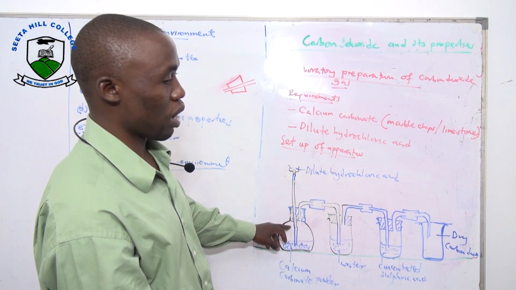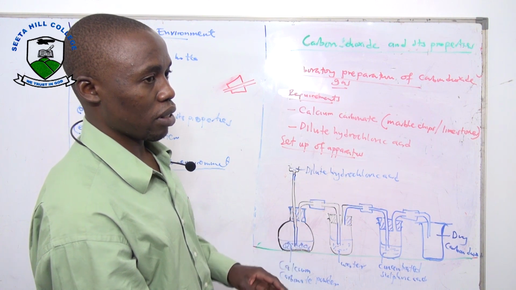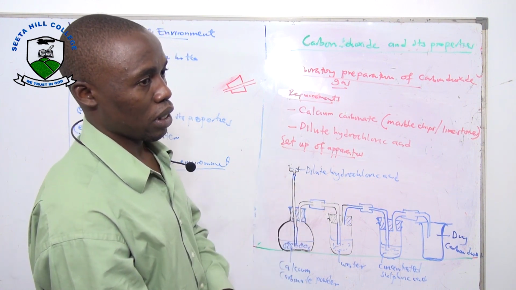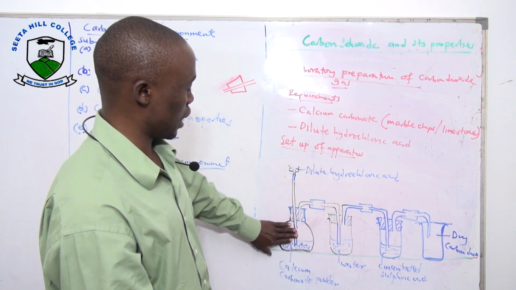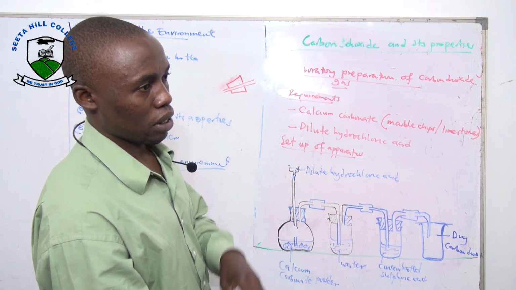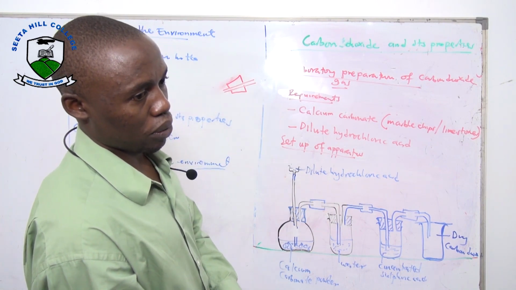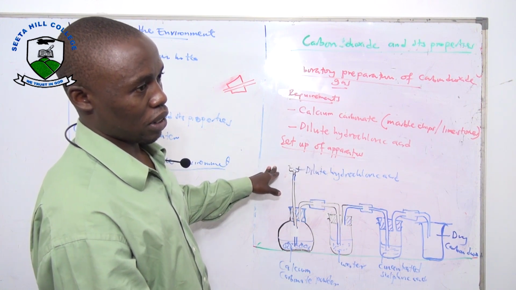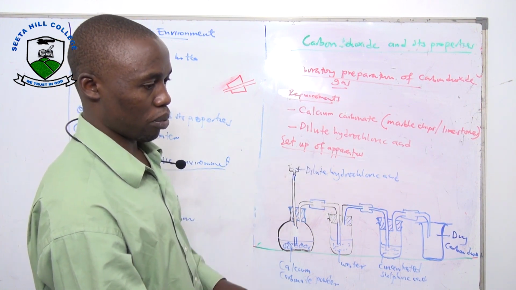When it hangs, what will happen? Remember the gas is bubbling, coming out. If it hangs here, there is no closure here, and the gas will try to come out. But when there is a tap, there is a closure. Even if it hangs, no problem.